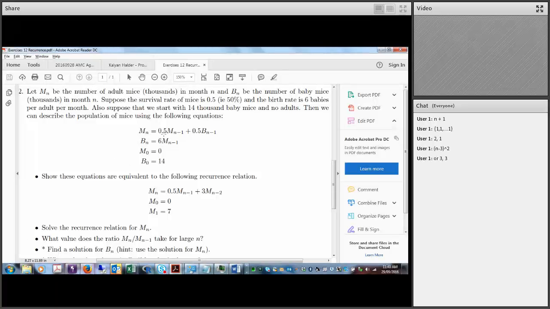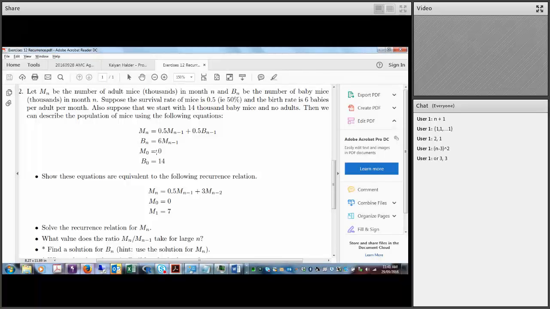The 0.5 in B_n is the survival rate of babies to adults, which in real mice populations will probably be different numbers, by the way. But let's make it easier. And the 6 corresponds to the birth rate. This sort of concept is just modeling population. Although I've picked numbers to give a nice answer at the end, you could utilize this to model populations much more sophisticatedly, and as I said, you could have lots of different levels.